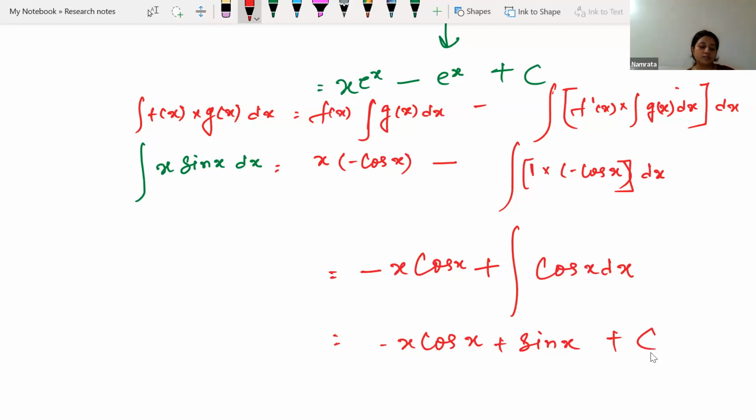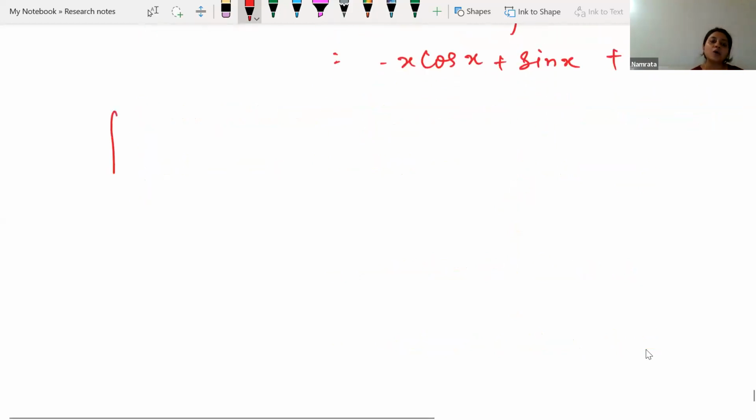Yes, ma'am. Yes, ma'am. Now, let's say we are having log x. And for now, it's written in the question that use the formula of integration by parts and do the integration. Now you must be thinking that here only one function is there, that is log x, the logarithmic function.